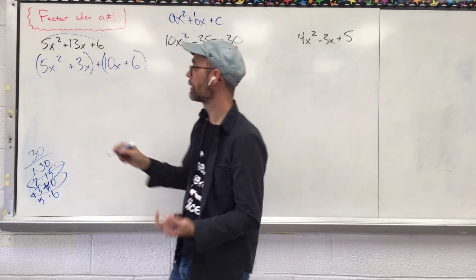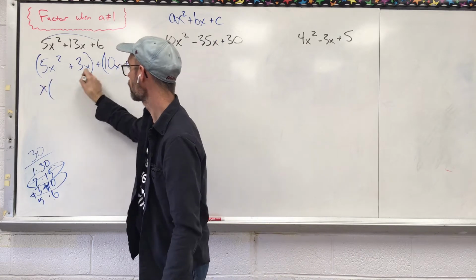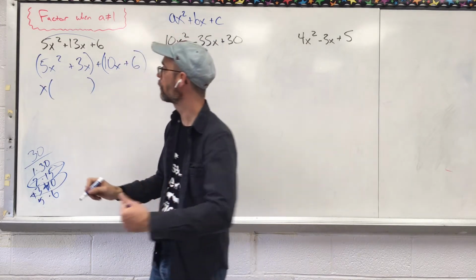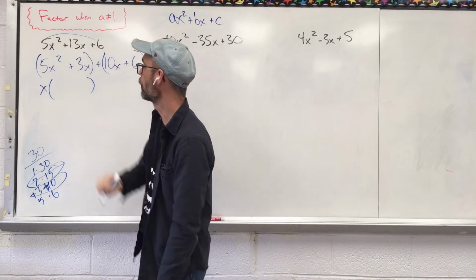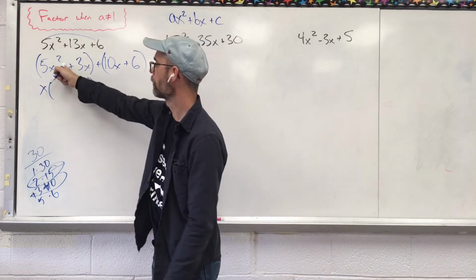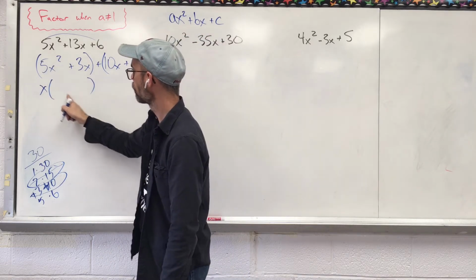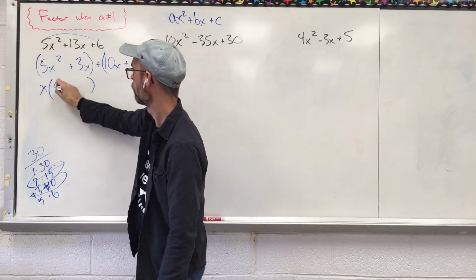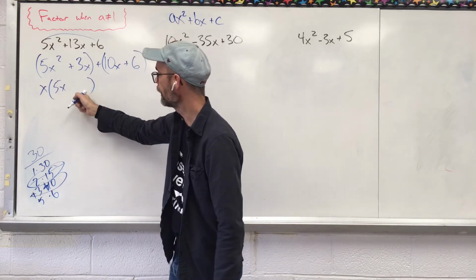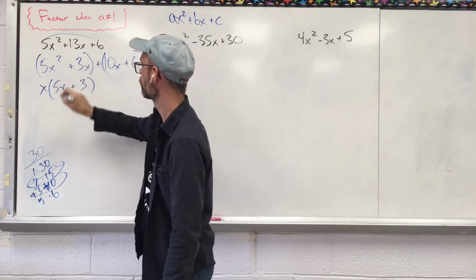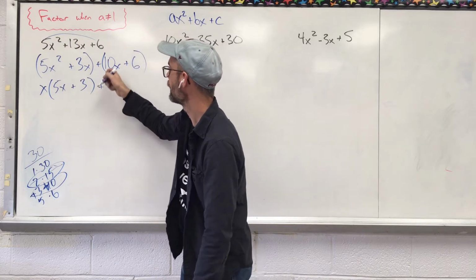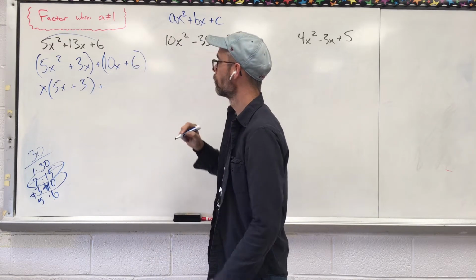First group, what do they share? In this case, x. And then let's distribute back in to see if we can come up with what multiplies together to give me this. So x times what gives me 5x squared? 5x. X times what gives me 3x? Just 3. On the other side, 10x and 6, what's a number that they both share?